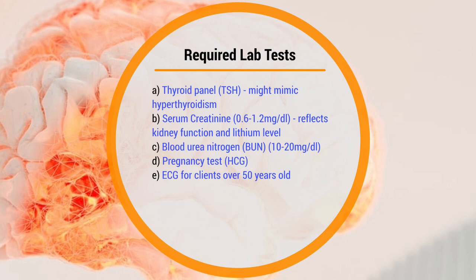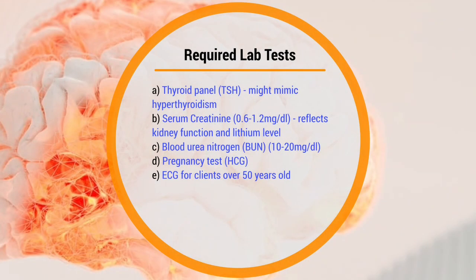And before you prescribe lithium, or in fact, before you prescribe any antipsychotics, any mood stabilizer for females age 12 to 50, you need to get a pregnancy test, known as HCG. And for those over 50 years old, you need to get an EKG.